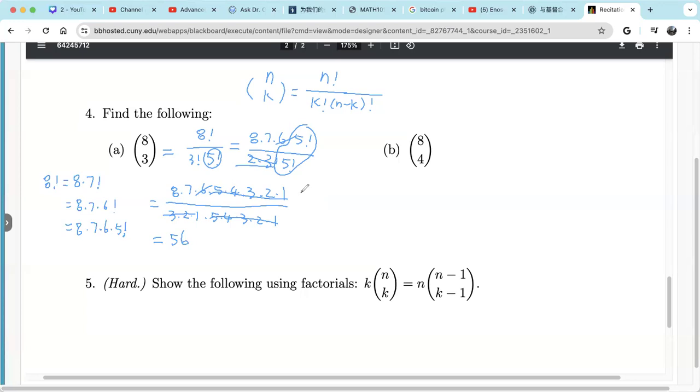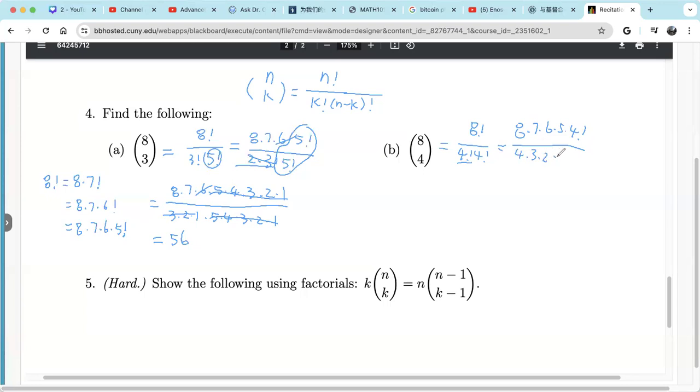All right. Well, let's see this one. We have 8 factorial divided by 4 factorial. 8 minus 4 is still 4. Right? So 8 factorial, we can write as 8 times 7 times 6 times 5 times 4 factorial. Then the first 4 factorial is 4 times 3 times 2. We don't need to multiply by 1, right?